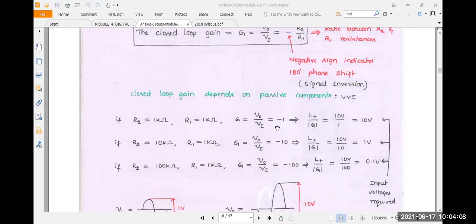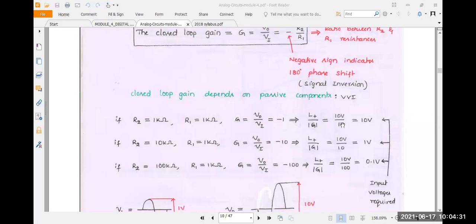Understood? Next, L divided by the magnitude of G. L is a constant voltage here, so you can write 10 by 1.